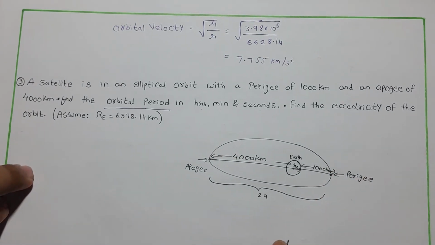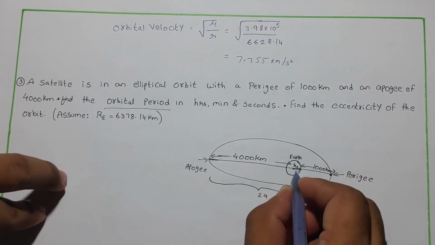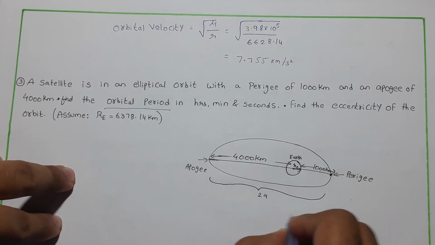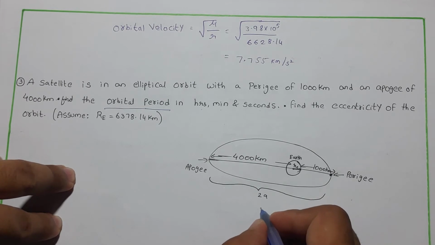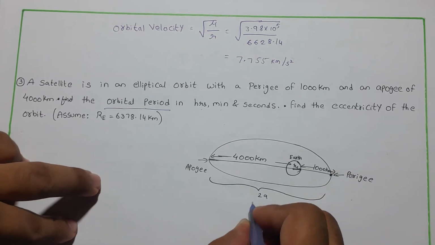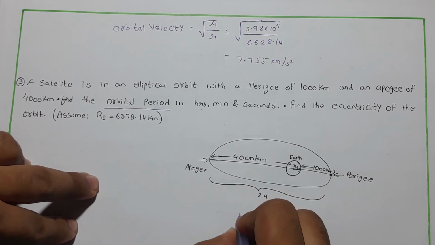Now let us solve. Here, before solving, we need to find the radius, that might be the major axis, semi-major axis. So to find it, we need to find the total, that is 2a.